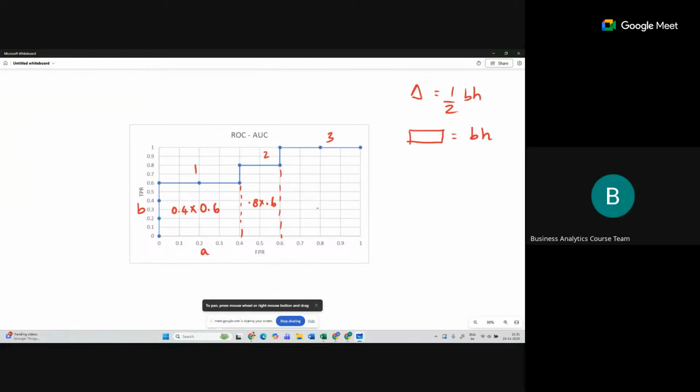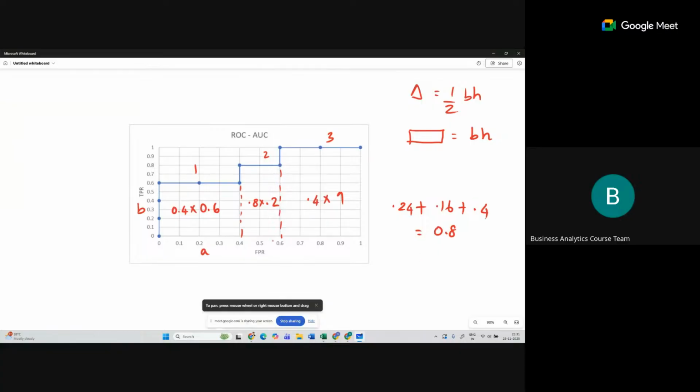What about this thing? It should be 0.2, sir, because 0.6 minus 0.4. Yes, you're correct, 0.2. What about this one? 0.4 into 1. So add everything. The first one is 0.24 plus 0.16 plus 0.4. What is this? 0.8. So 80% is your AUC.